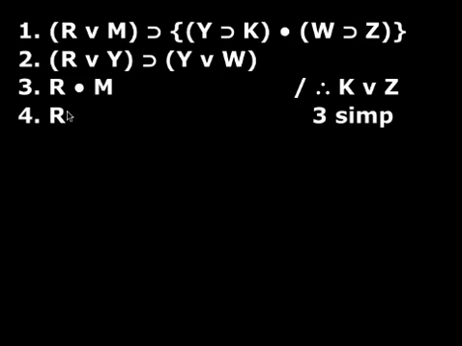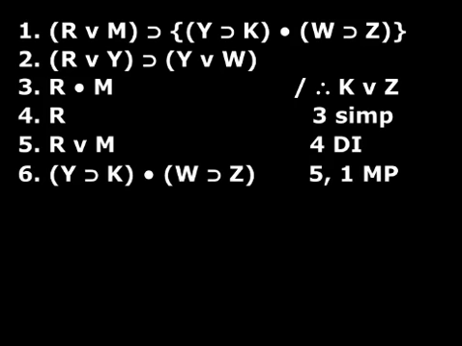I notice right away that I can get R or Y, R or M by disjunction introduction, and I can start doing modus ponens on the statements on lines 1 and 2. So I'm going to go ahead and do that. I'm going to get R or M by DI on line 4. Now line 5 is the antecedent of the conditional on line 1. So I can get the consequent by modus ponens.